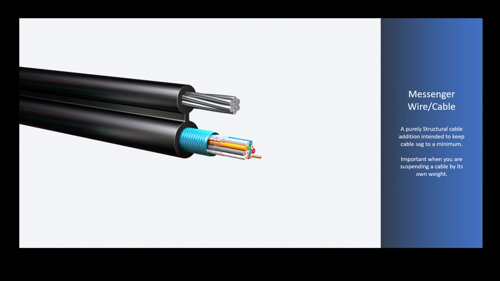It's got a rigid member also attached to it in the same way, just suspending it there. That way the cables don't sag, which is something to be avoided when you can. So if you see something that says it's got a messenger on it, that's going to be a wire connected to keep the cable rigid when you suspend it in the air. The use case for this is rather limited.